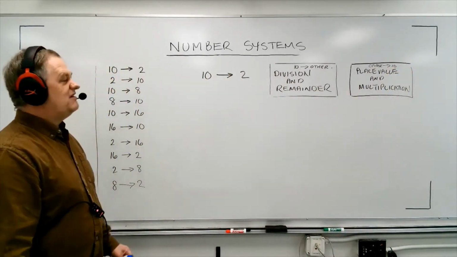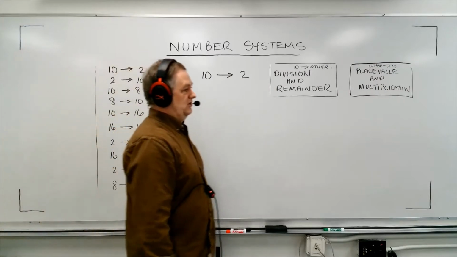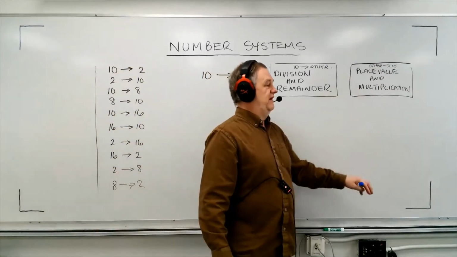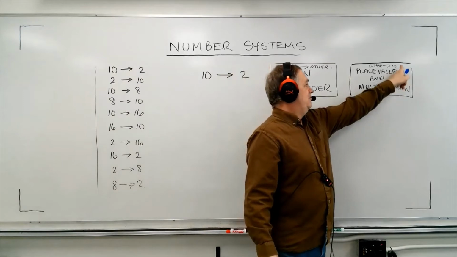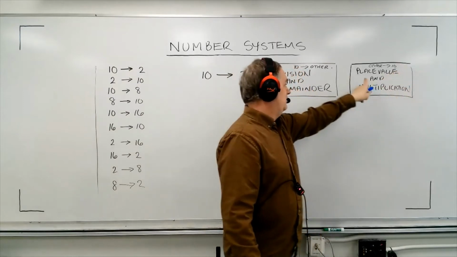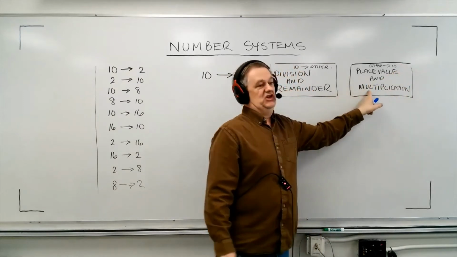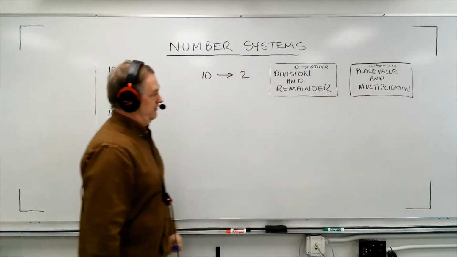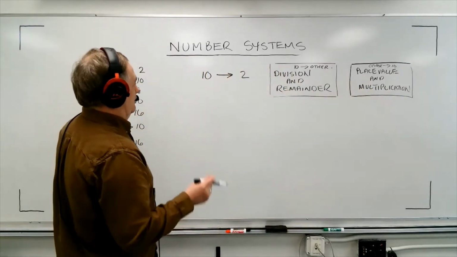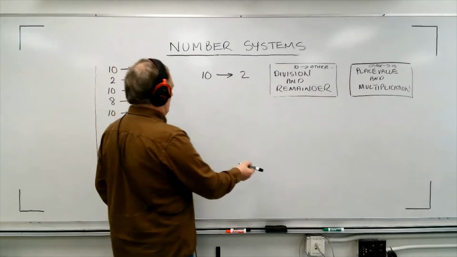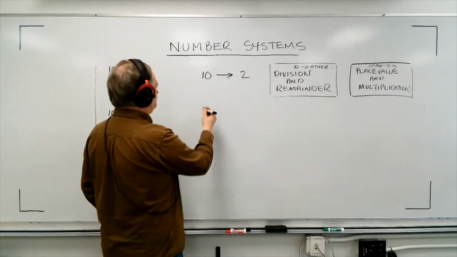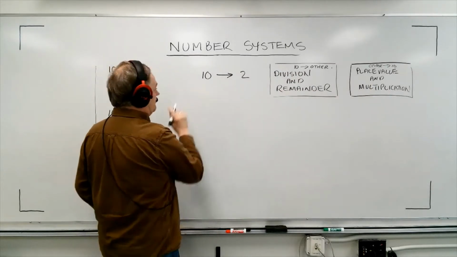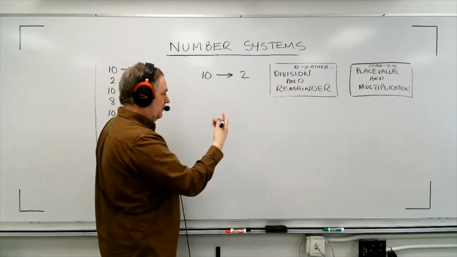Now, the very first example that I gave you, we took a binary number and we found out that the base 10 number was 89. We used this place value and multiplication method. So that's the very first thing I showed you. Now, let me show you division and remainder, and it looks like this. I'm going to use a number that's not too large so that we don't fill up the whole board.